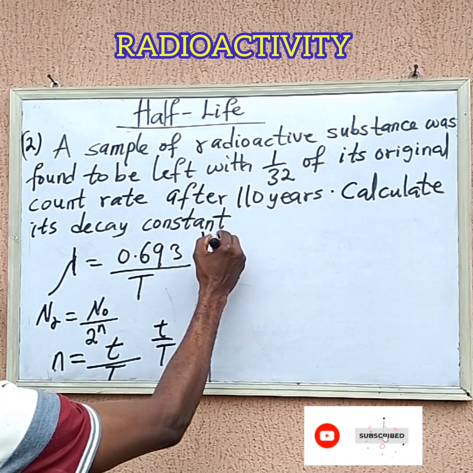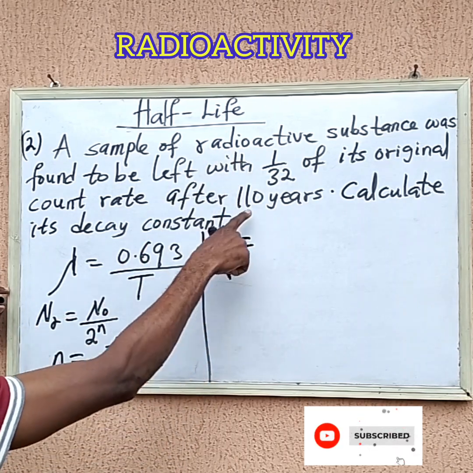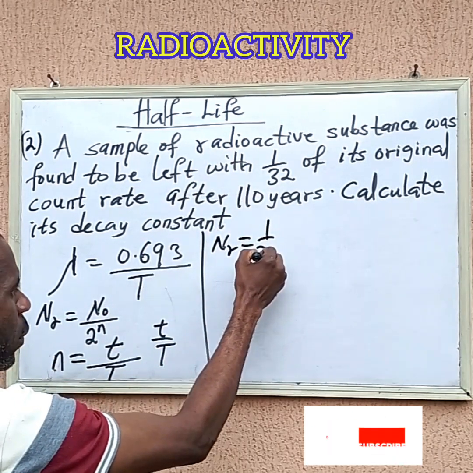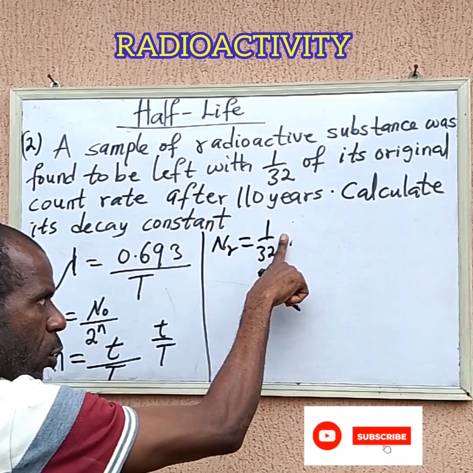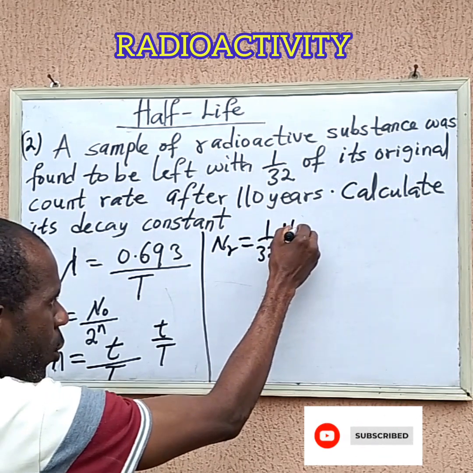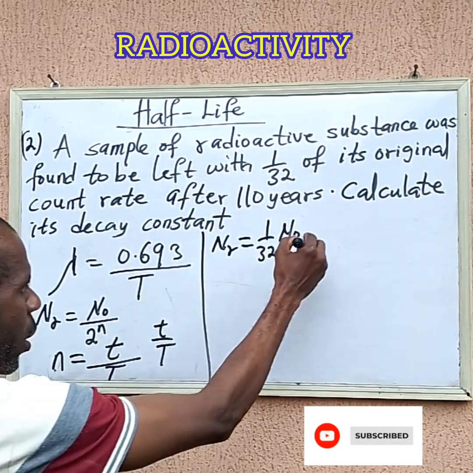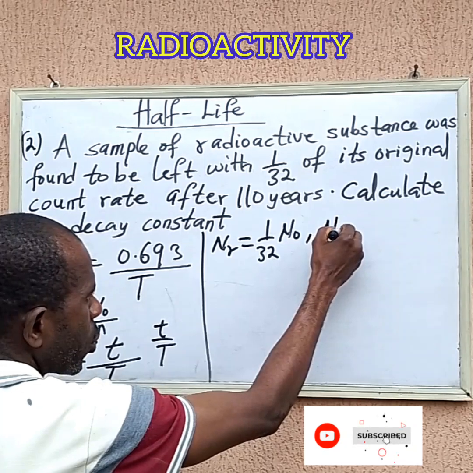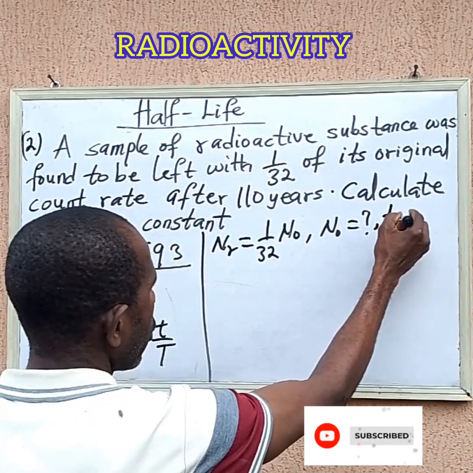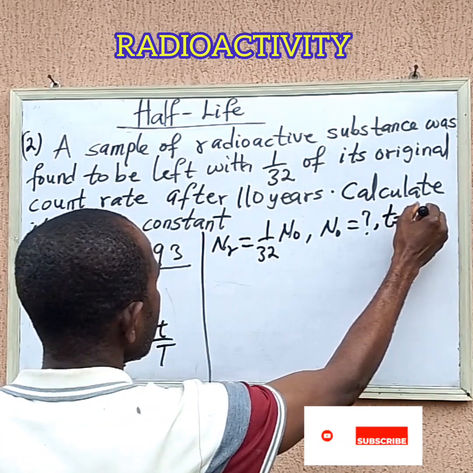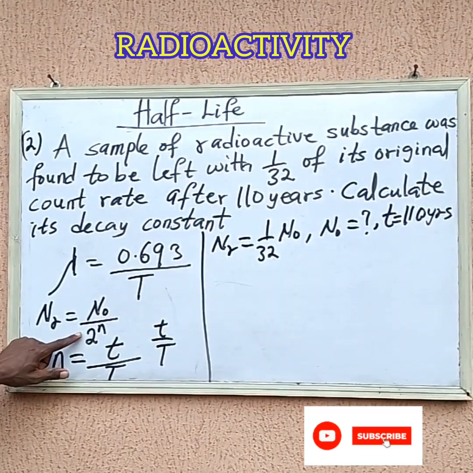So N_R, according to the question, is 1/32 of, which means multiplication, so let's put N naught, the original mass, which we don't know. Small letter t is equal to 110 years.